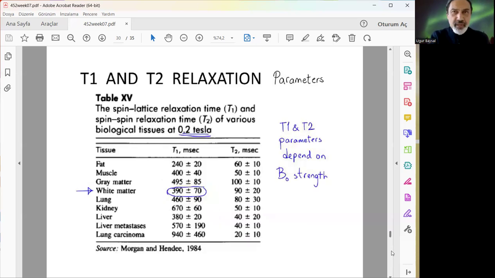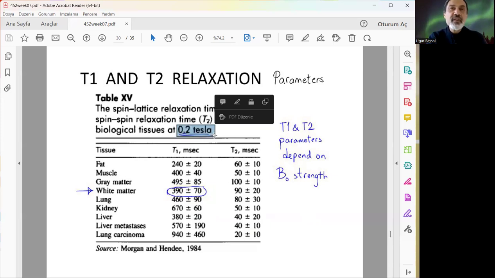So there is a table of comparison of different tissues for 0.2 Tesla. Remember that all relaxation parameters or MR parameters also depend on the main DC field. So this table represents the conditions of different tissues.